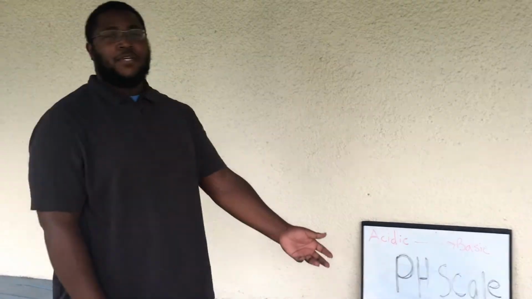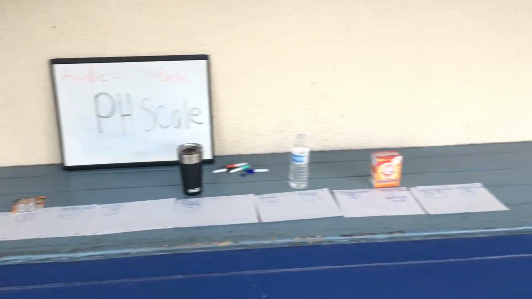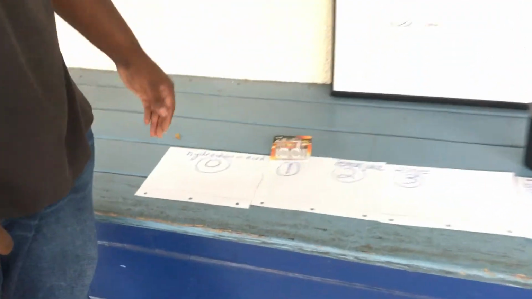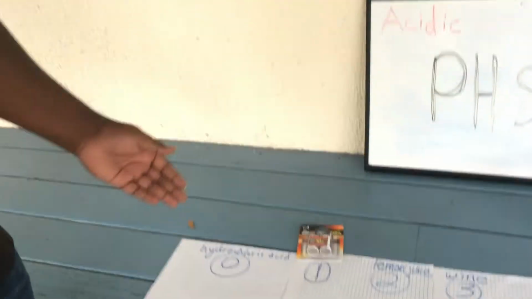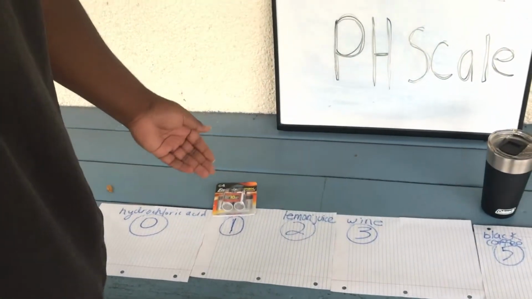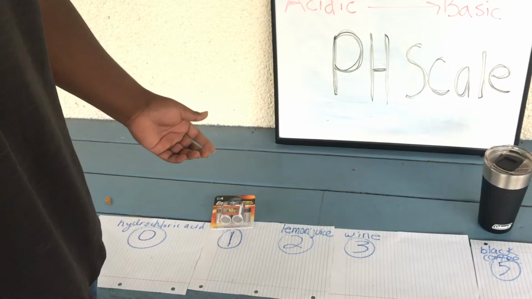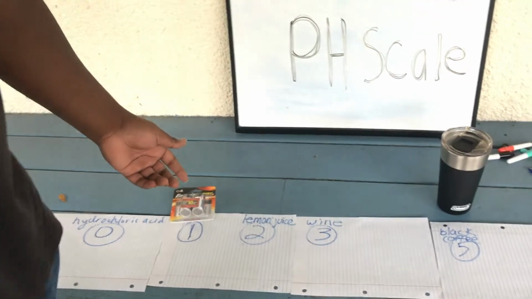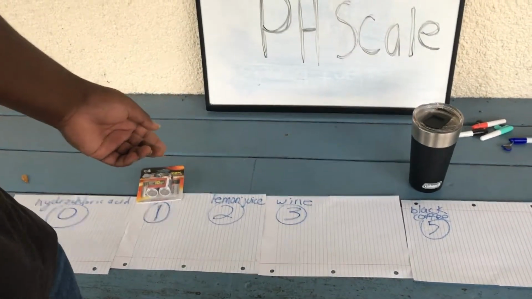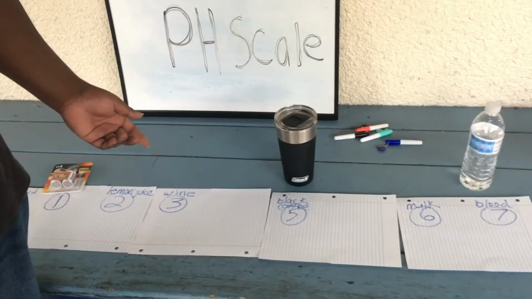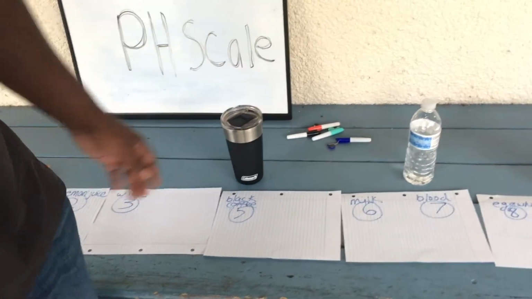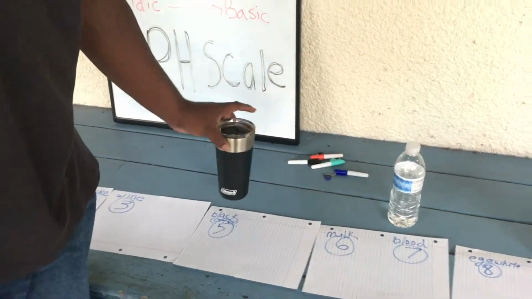So right here we have the pH scale with acidic being 0 and basic being 14. As you can see up here, 0 is going to be hydrochloric acid. For 1, you're going to have battery acid. For 2, lemon juice. For 3, wine. For 5, black coffee.